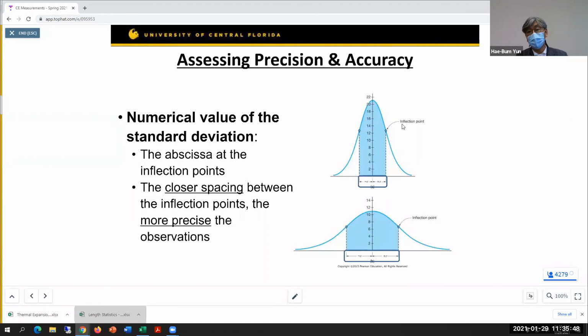This is called the inflection point. Then we have a narrower distribution and a wider distribution, each with inflection points. So the standard deviation in graphic form is the distance from the inflection point to the center of this distribution, which is the mean, or average.